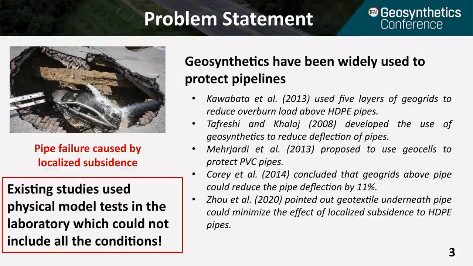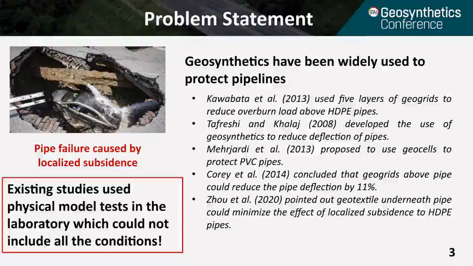I think pipe failure is very common in cities, and you have probably seen a lot of these kinds of cases. Basically, when you have a big sinkhole, the pipes break due to the differential settlement. Or not a sinkhole, if you have a differential settlement caused by any reason, the pipes buried in the ground will fail, and you will break the pipe.